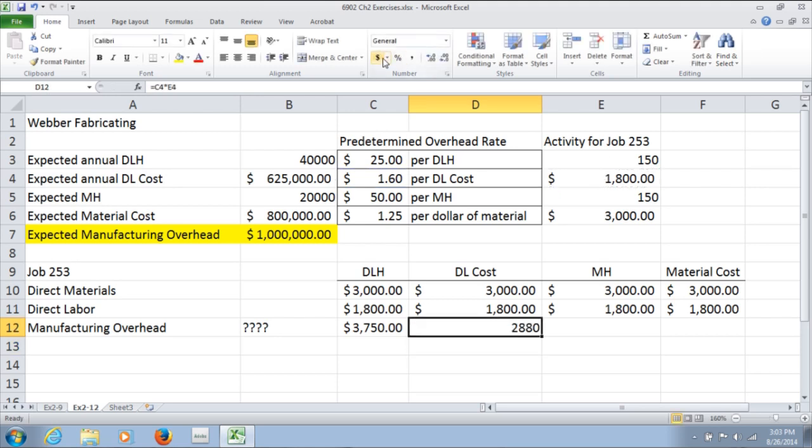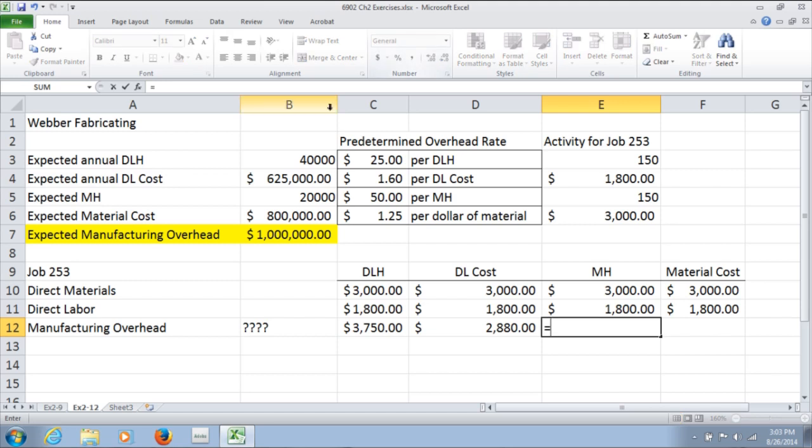We end up with 2,880. Notice that that's a bit smaller, almost 50% lower. If we use machine hours, we have $50 per machine hour multiplied by 150. Now we get twice as much as the initial one under direct labor. And then material cost would be $1.25 per dollar of material multiplied by $3,000, and we get $3,750.